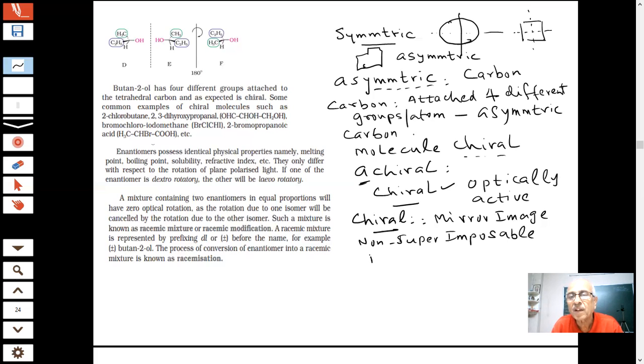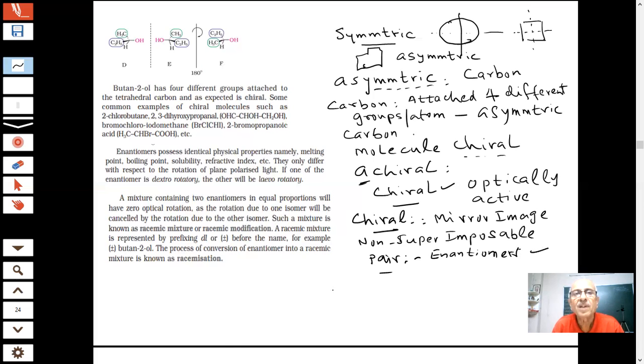And this pair of non-superimposable stereoisomers, they are stereoisomers because they differ in the position of groups in space. So a non-superimposable pair is known as enantiomers.